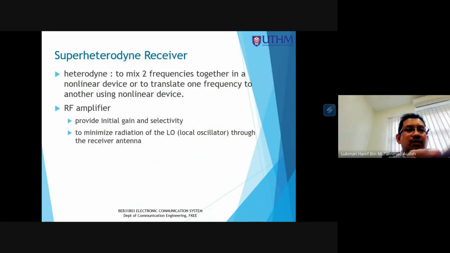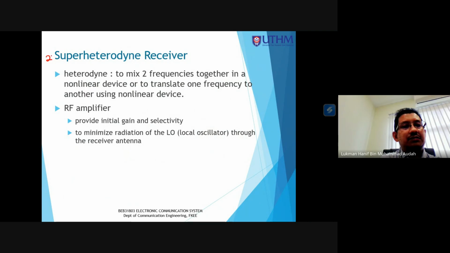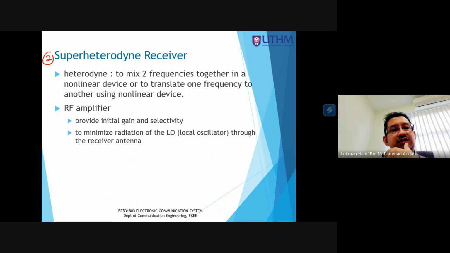We're going to go through the second receiver type, what we call the superheterodyne receiver. The word heterodyne comes from a Latin word meaning mixing of two frequencies together.